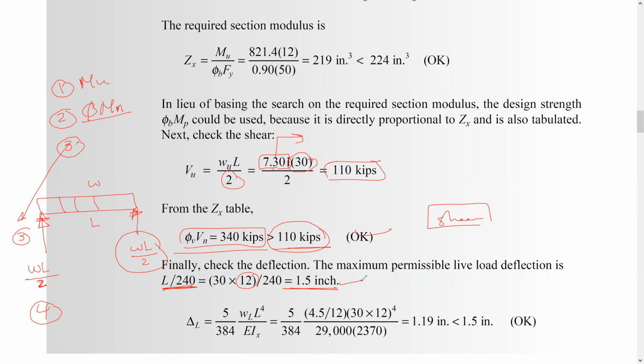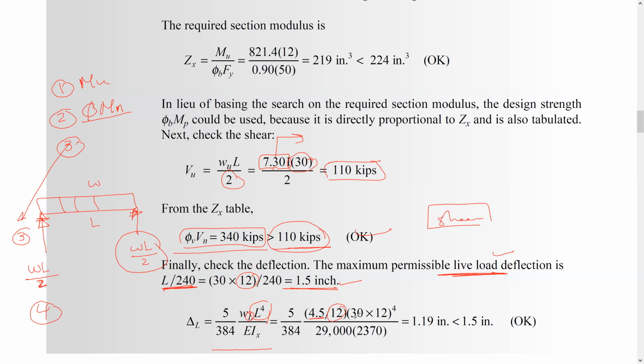For a simply supported beam, as mentioned to you, it's equal to this much, which is 5 w L to the fourth, for live load, because it gives us the limit just for live load. So it's going to be 5 times the live load, which is 4.5, and we convert it to inch.